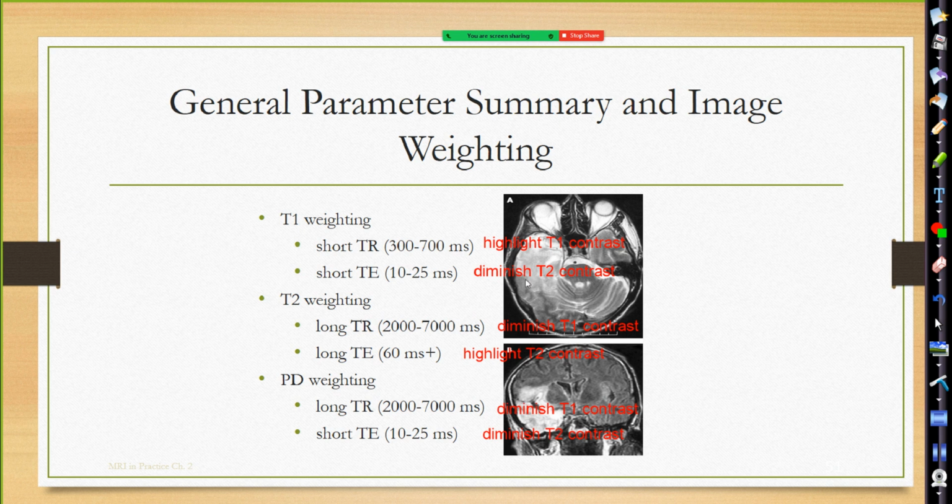But I have two images here. With that being said, can you name the weighting? Go to the fluid. What do you think A is?